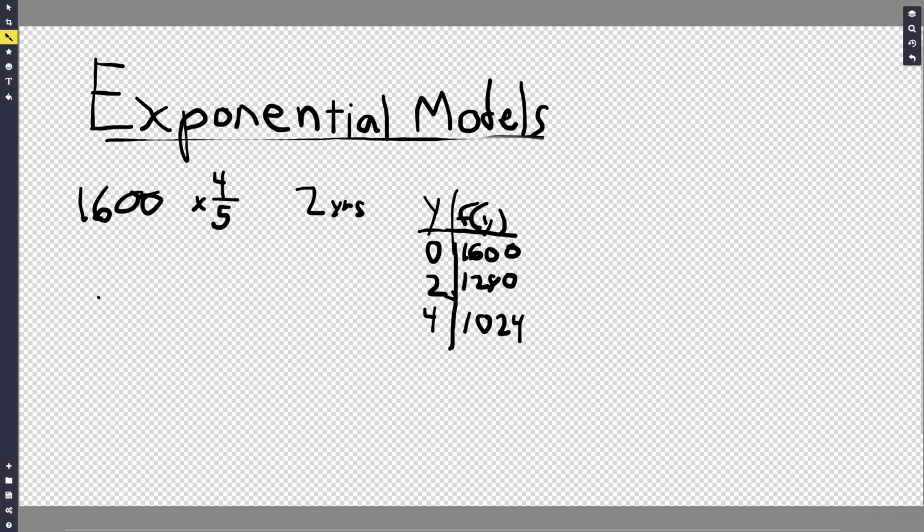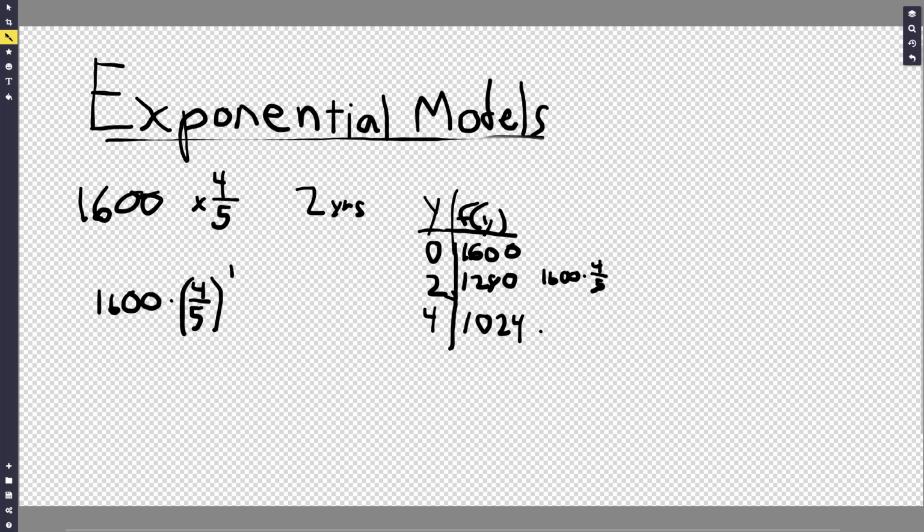So we know our base is 1600, and we're multiplying it by what? Our factor, which is 4/5, right? And we know that when y is equal to 2, the exponent is equal to 1, because we're only multiplying 1600 by 4/5 once, right?